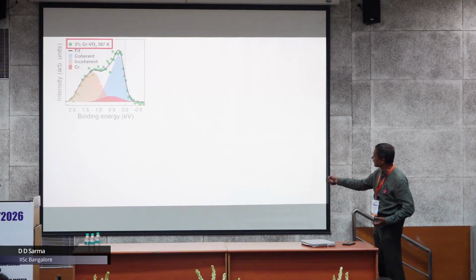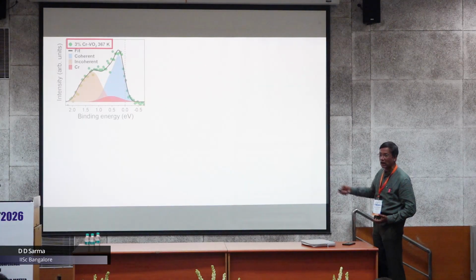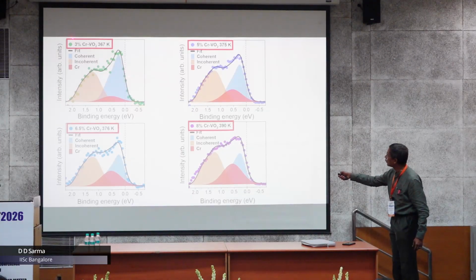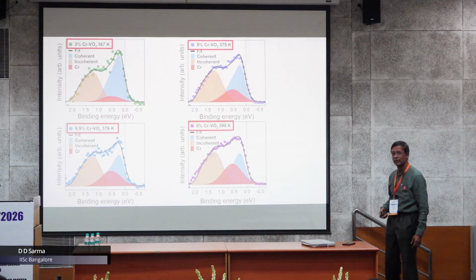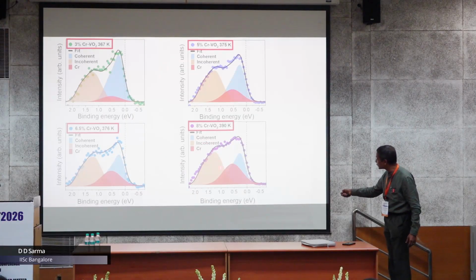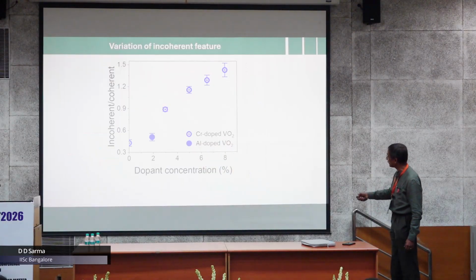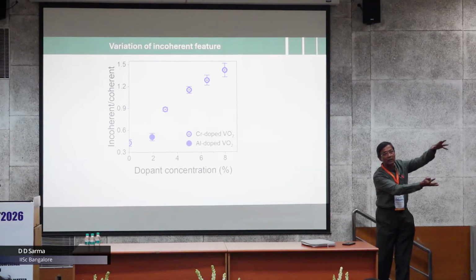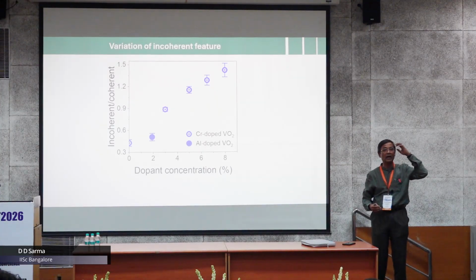As I dope the system, I expect this to go down and this to go up, but exactly the opposite happens, as you can see. As I'm doping more, 3%, 5%, 6.5, and 8%, my correlation-induced effect is going up, and I can quantify it. You can see that the correlation effect is growing, the incoherent peak, the large weight in the higher binding energy peak.